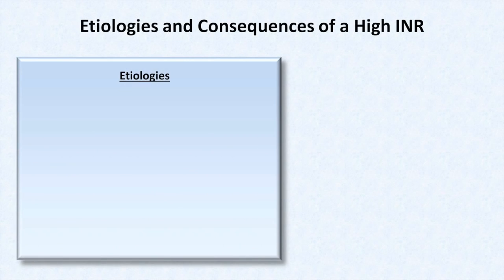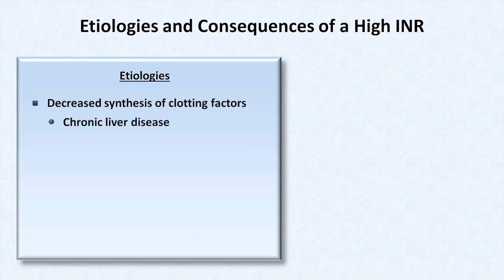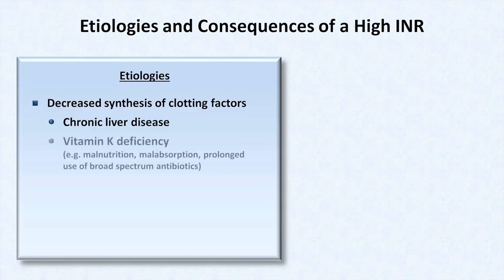Etiologies of an elevated INR are primarily related to a decreased synthesis of clotting factors. This can be due to chronic liver disease, as the liver is responsible for producing these. It can also be due to vitamin K deficiency, since their synthesis is vitamin K dependent.